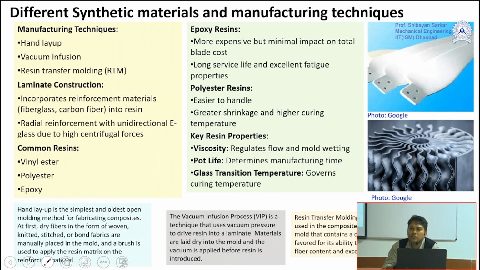Again, there is laminate construction, whether fiberglass or carbon fiber will be used, or whether it will have radial reinforcement or unidirectional reinforcement. Based on this, its strength will depend. Which type of resin you will be using, whether vinyl ester, polyester, or epoxy, and what should be the viscosity, what should be the pot life, that means how much time the resin will remain workable during manufacturing.